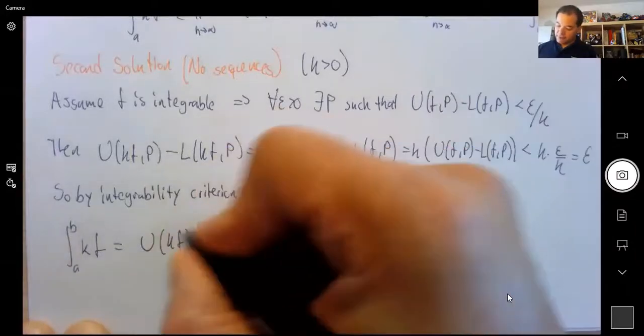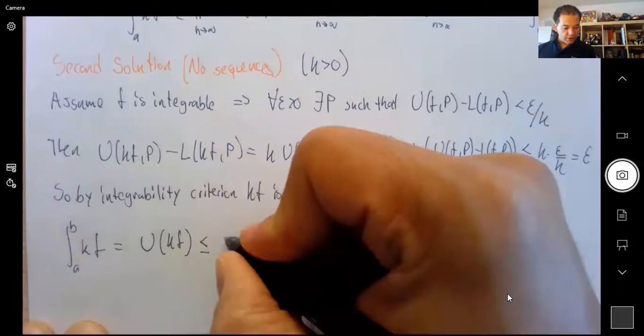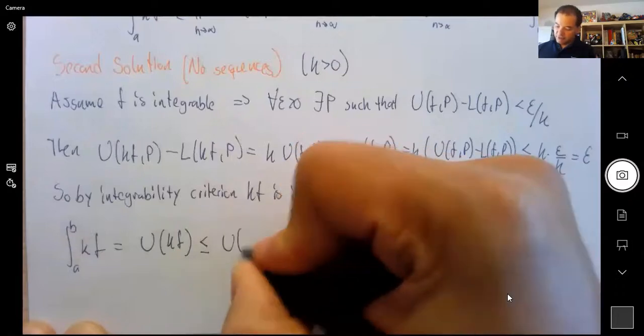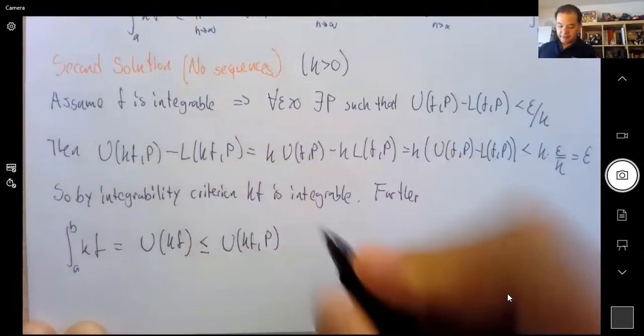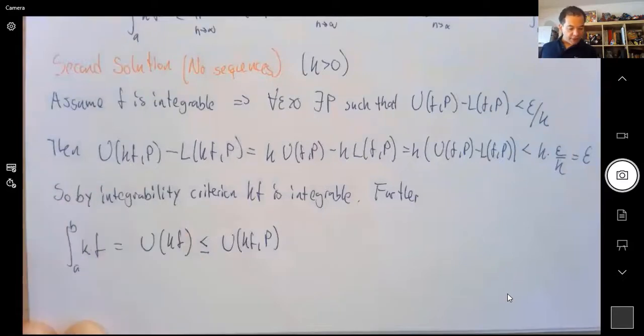So because it's the infimum, it's less than or equal to a particular one, in particular this one, U(kf,P). And then we can take the constant out, right?